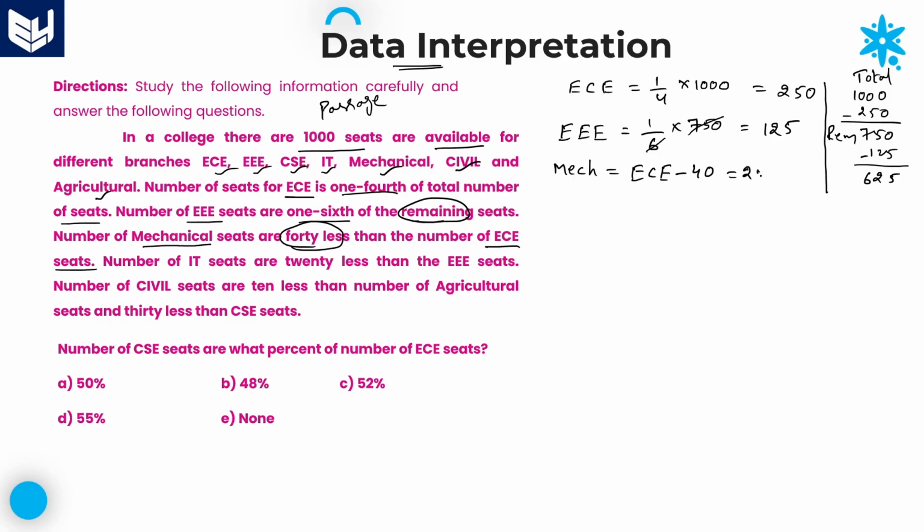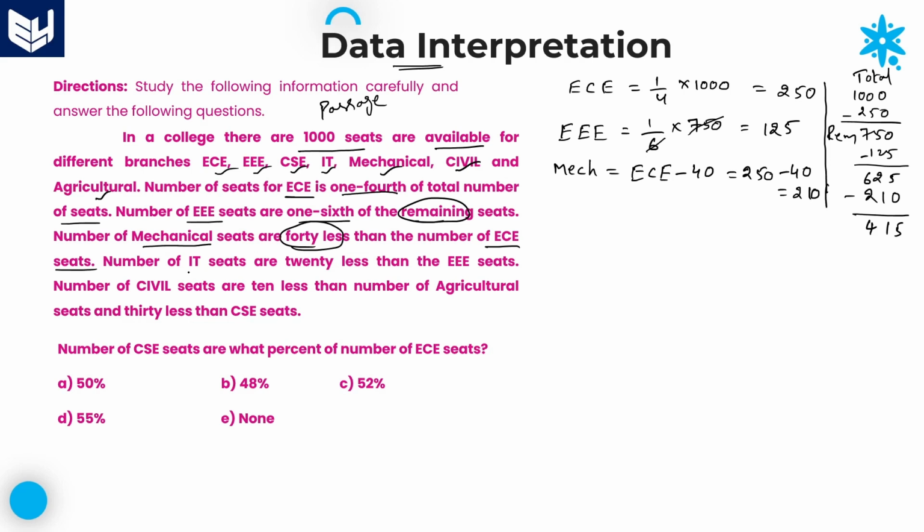That is 250 minus 40, which is equal to 210. Number of mechanical seats is 210. So this 210 is also completed for mechanical. Still how many seats are left over? 415. Still 415 seats are left over.